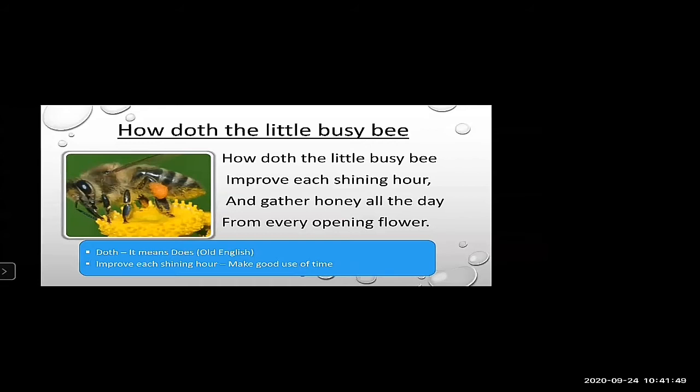The work of the queen bee is to produce the young ones, that is the baby bees. And these baby bees are kept in the beehives. Okay, and all the food that the worker bees are collecting is for the nourishment of these baby bees. Let's see the next paragraph.